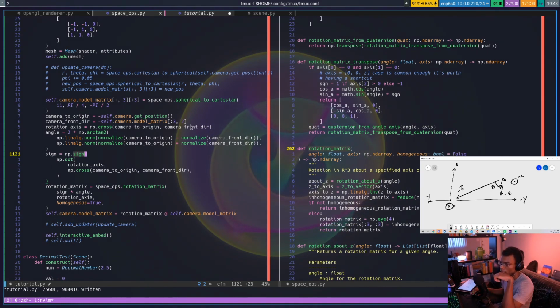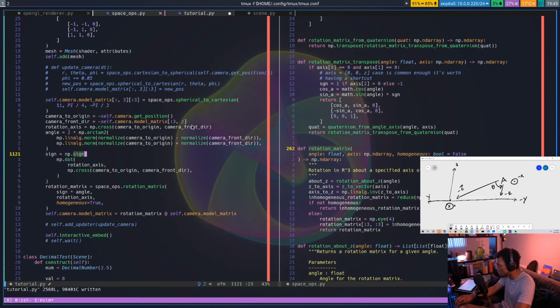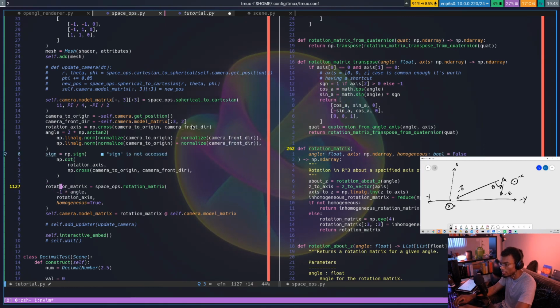So when I get this rotation matrix around that rotation axis, I'm going to want to rotate the camera's model matrix in the negative direction. I don't think I need this sign. I think this is -1. So I'll multiply the camera vector, or the camera's entire coordinate space, by the rotation matrix, defined by a negative angle and that rotation axis.